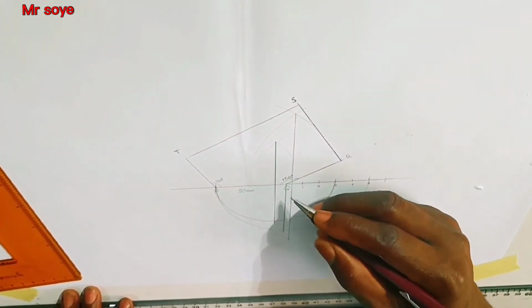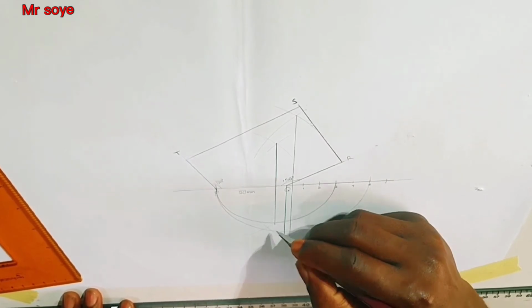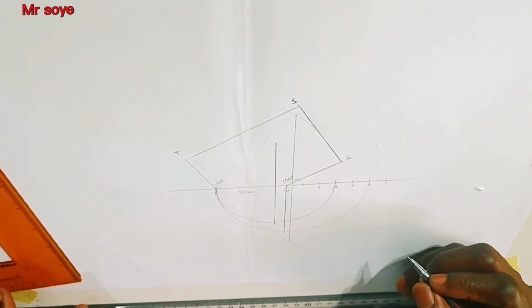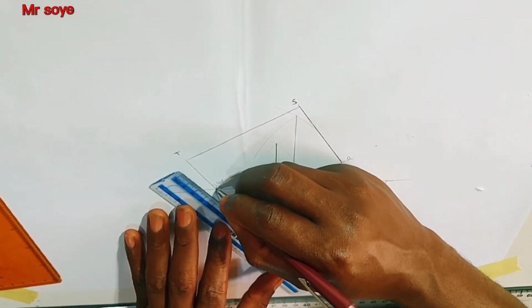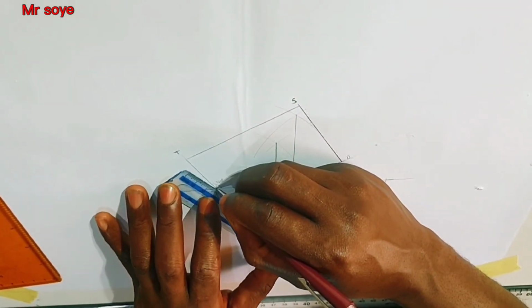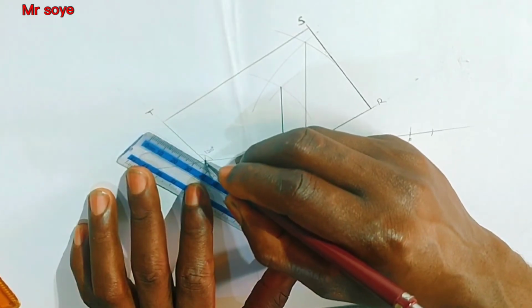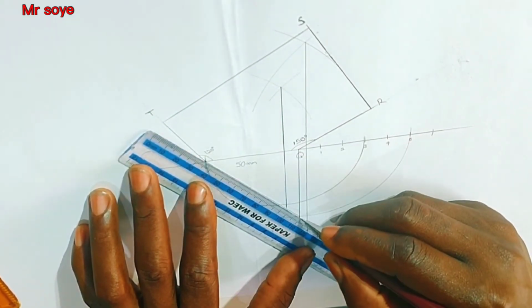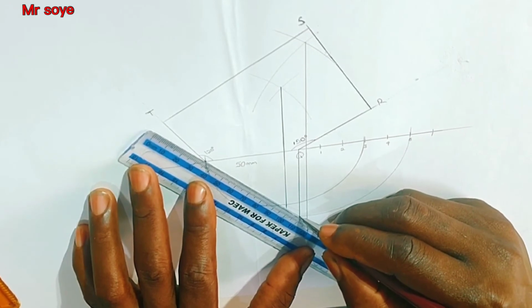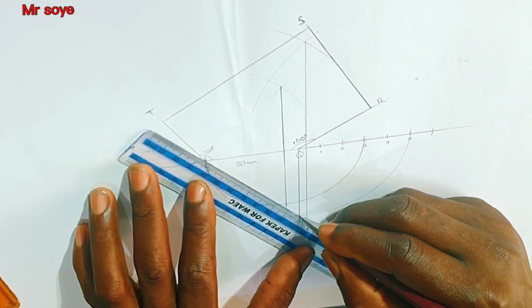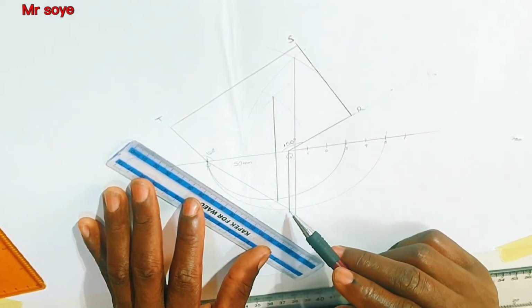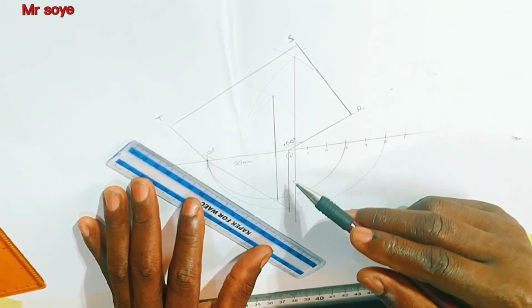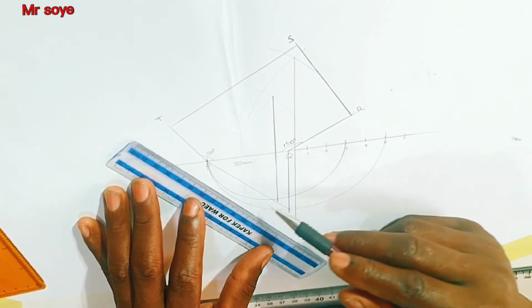Then where point Q is cutting the semicircle for P5, draw a straight line from it to point P. That is from point P to where the perpendicular line from point Q is touching the semicircle for P5. I haven't joined point P to where the perpendicular from point Q is cutting P5.